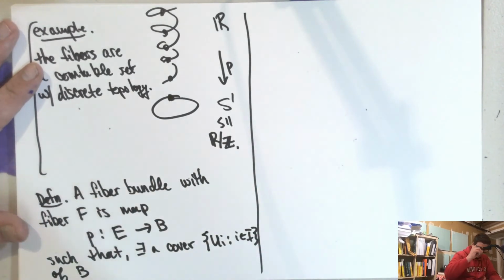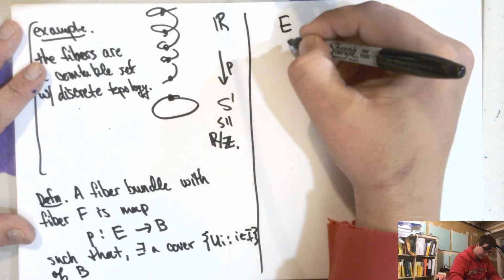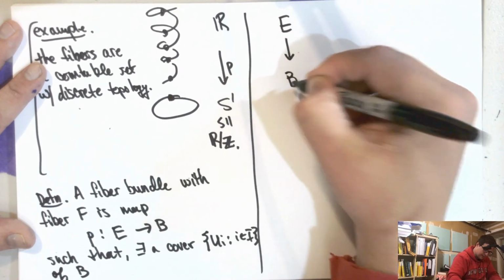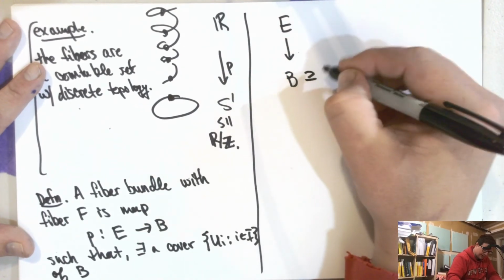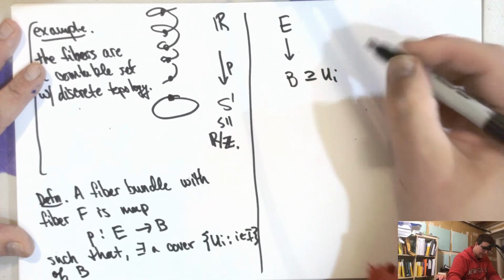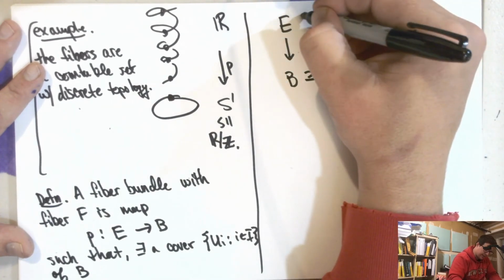and let's draw it like this. Here's E, here's B, and there's U_i.